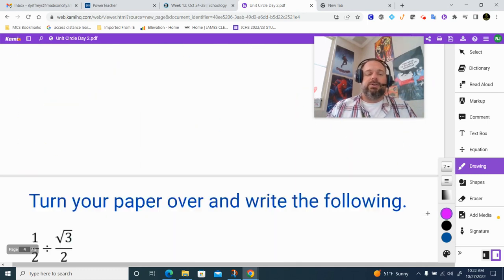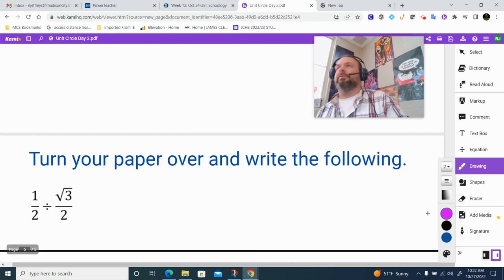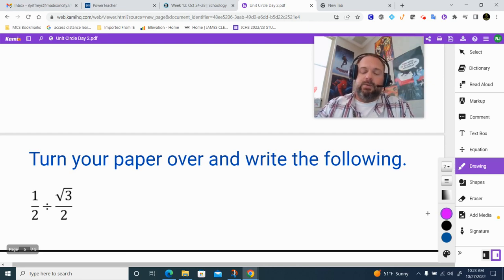Now, this is what I need you to do. I need you to flip your paper over and write this down. What I'm trying to do today is to clear up some of the things from yesterday where I had a lot of what I call the confused face, where y'all are seeing these answers and you're like, how the heck did he get those?